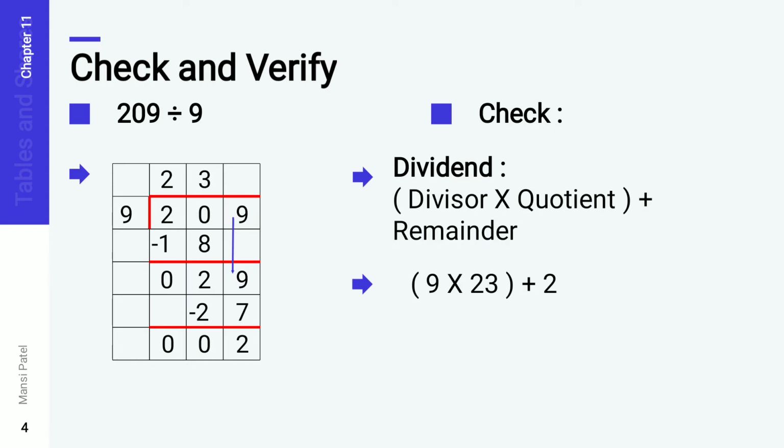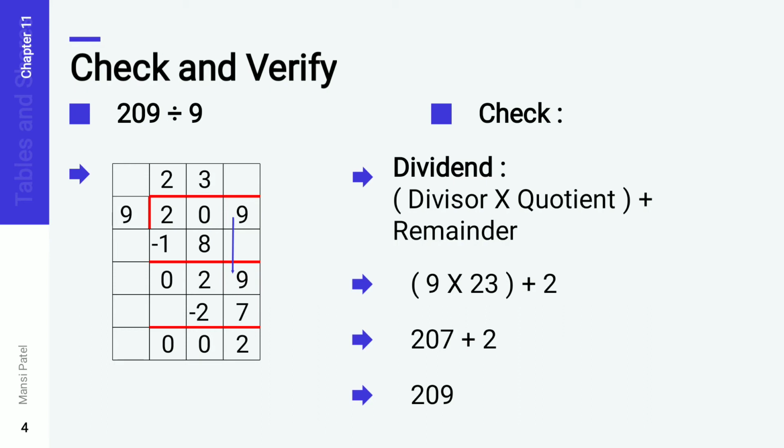These both are same. In that you have to add your remainder. What is the multiplication of 23 and 9? That is 207 plus 2. 207 plus 2 is equal to 209. Now are you getting your dividend? Yes. So this is the right answer.